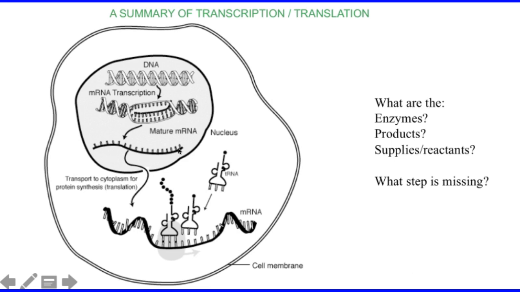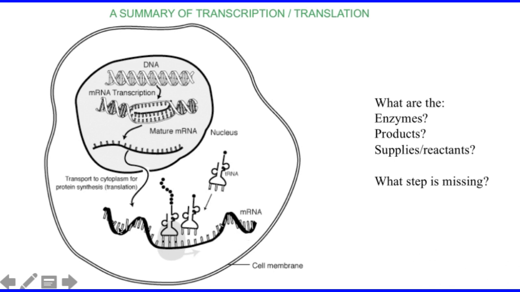The final part of processing the RNA is to add a 5' cap and a 3' polyadenylated tail. Now we can consider it a mature messenger RNA, and it can leave the nucleus at this point.